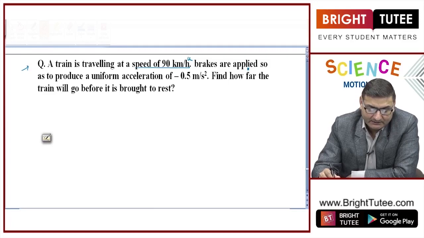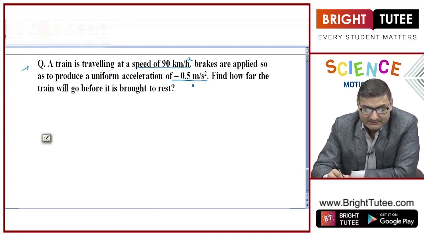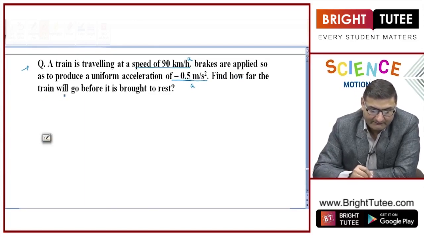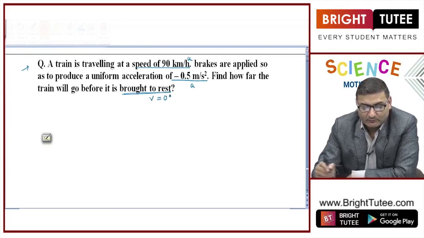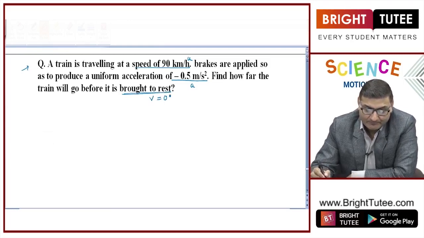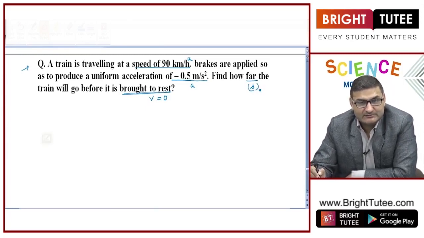Brakes are applied so as to produce a uniform acceleration of minus 0.5 meter per second square. This is the acceleration, or retardation, because it is minus. Find how far the train will go before it is brought to rest. If the train is brought to rest, the final velocity is 0. How far means we need to calculate the distance.